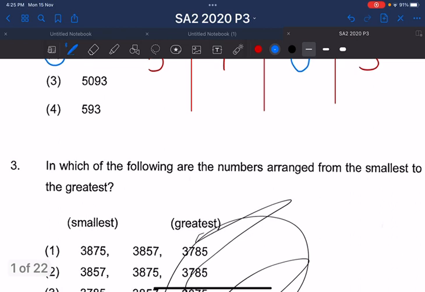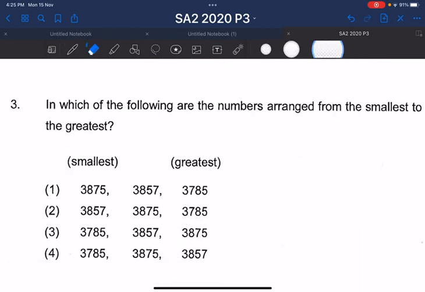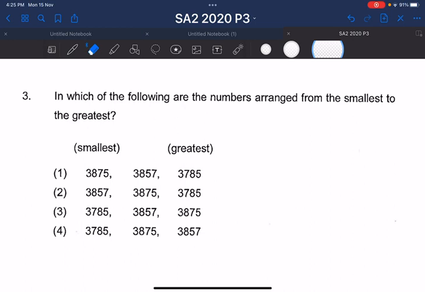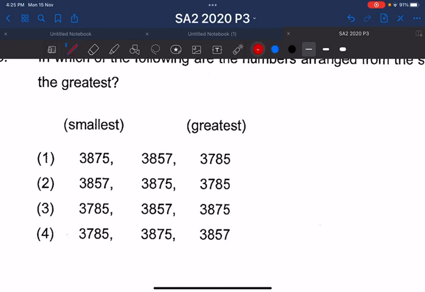Now question number 3 is asking you to rearrange the numbers from the smallest to the biggest. Looking at the numbers, we'll start comparing from the left to the right. We're going to start off with the smallest number first. Now the smallest number is between 37 and 38.